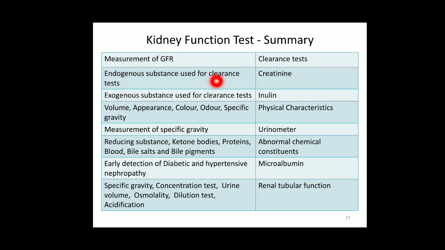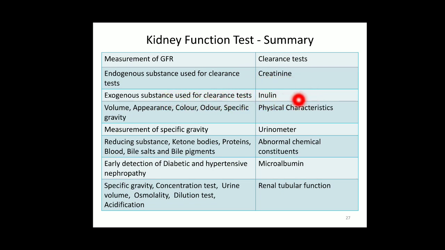All these are the criteria which we have to see. To see GFR, glomerular filtration rate, we do clearance tests. In clearance tests I have told you urea, creatinine and inulin, many clearance tests are there, and the formula U into V by P. Endogenous substance clearance is the creatinine clearance test.